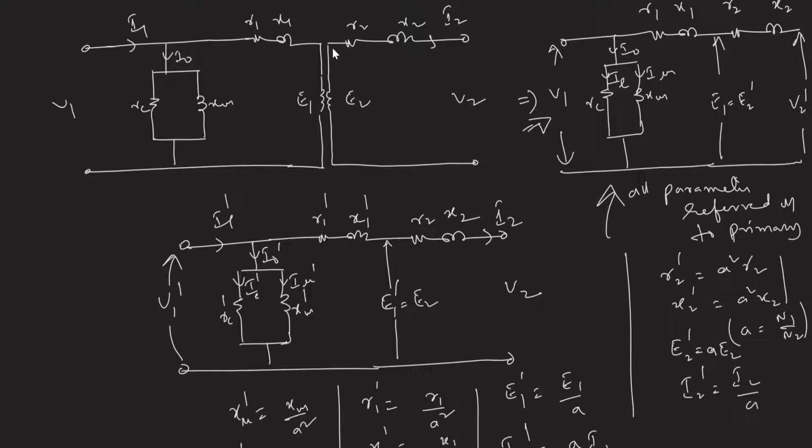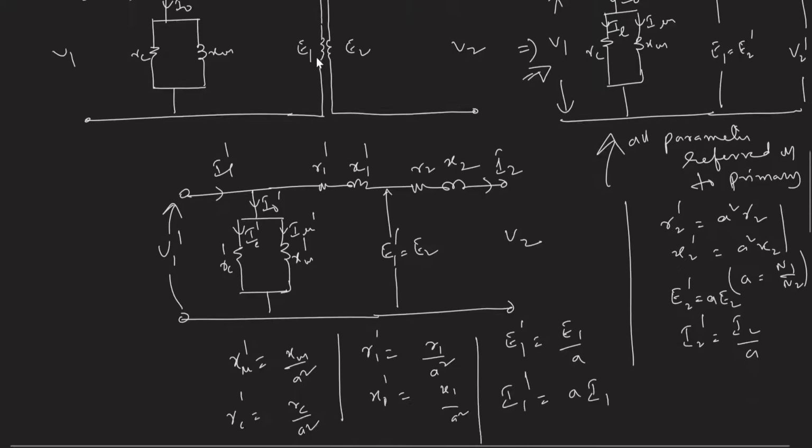Now this node is nothing but the input node, both are the same. So we have only two nodes here. Now let us discuss the losses in the transformer.